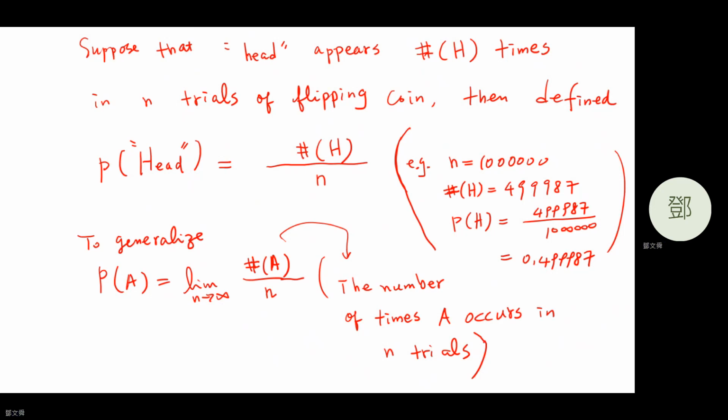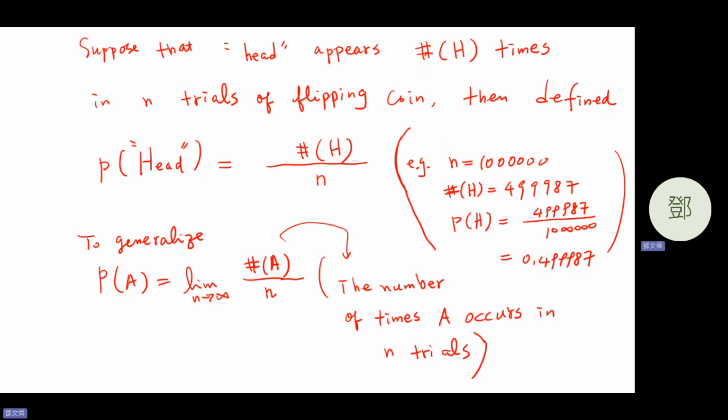For example, you do the experiment of flipping a coin 1 million times. And how many times does the head occur in the 1 million experiments?